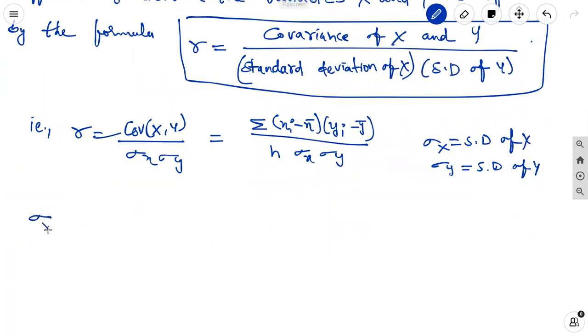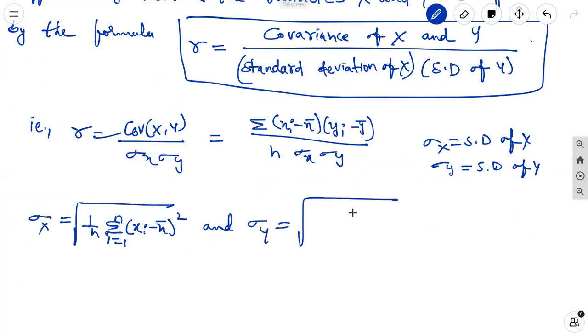Sigma x is equal to under root of 1 by n summation i equal to 1 to n xi minus x bar whole square, and sigma y is equal to under root of 1 by n summation i equal to 1 to n yi minus y bar whole square.